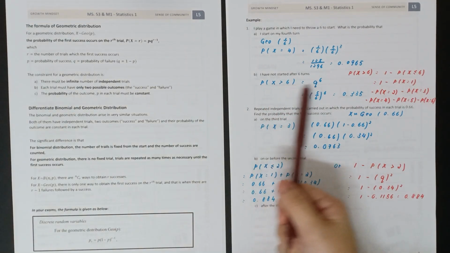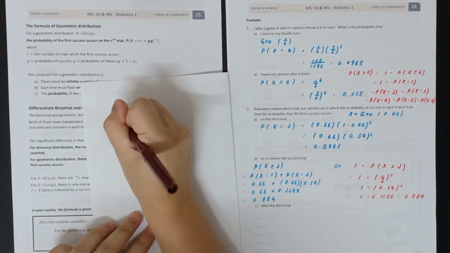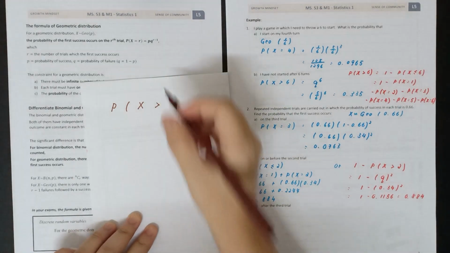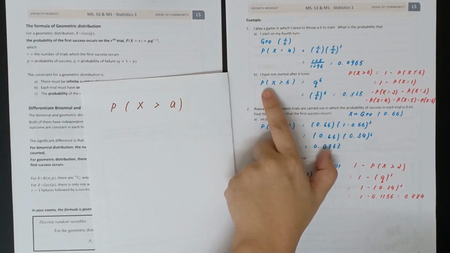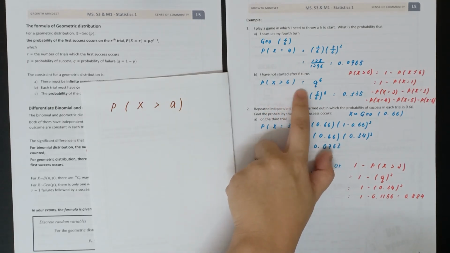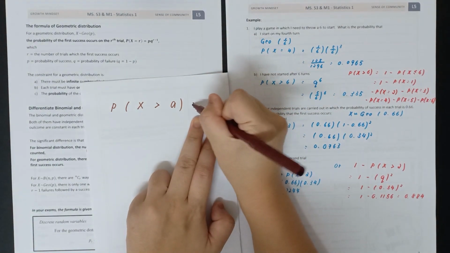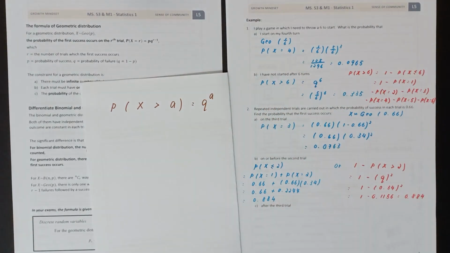From this question and this question, what do you realize? When you want to find the probability when x is greater than, for example, here we use a. When you want to find the probability when x is greater than 6, then you use Q^6. When I want to find the probability when x is greater than 2, then I use Q^2. So the first thing that I can have is Q^a. Okay?